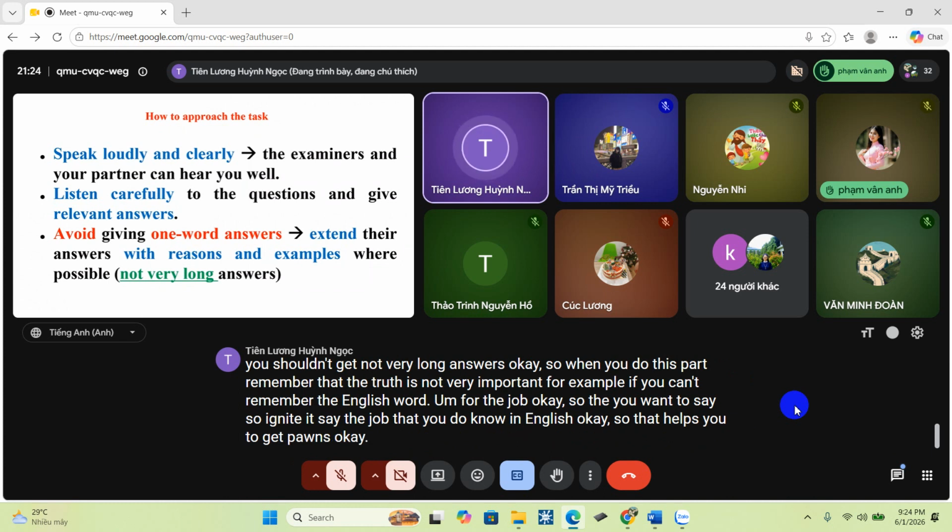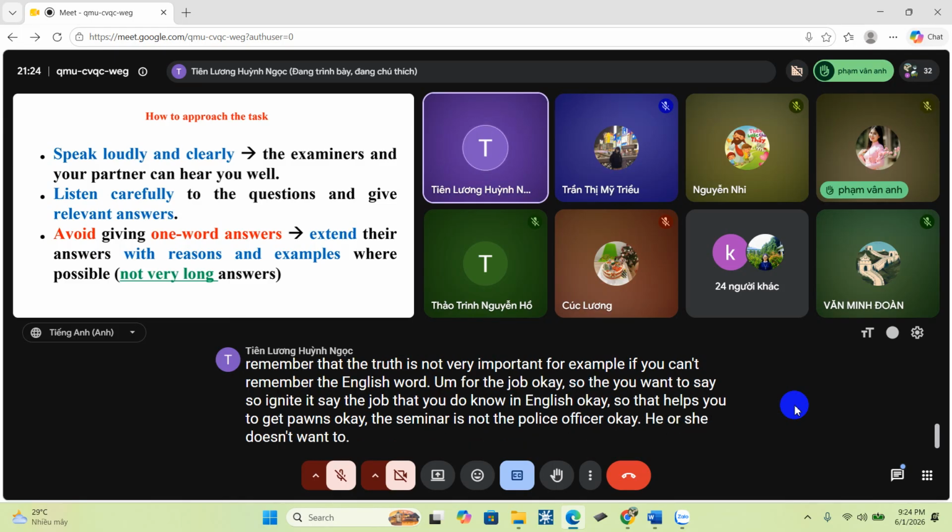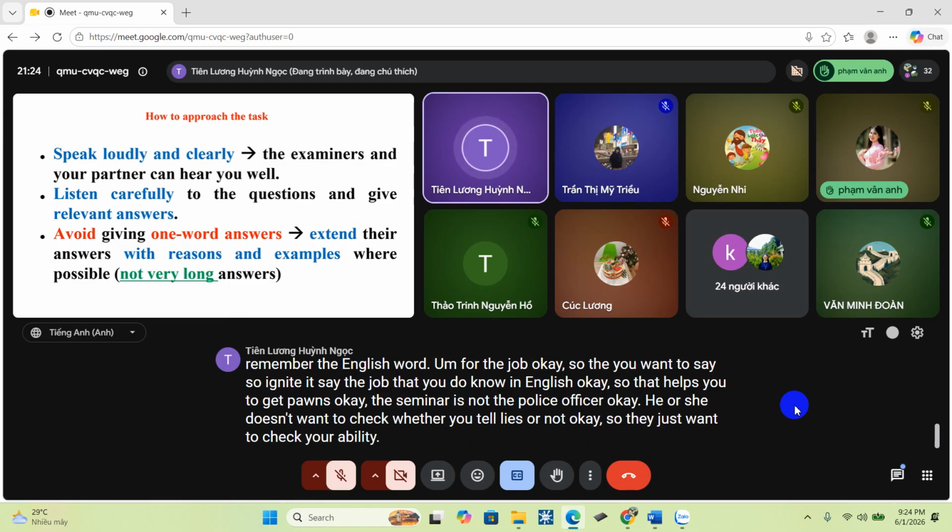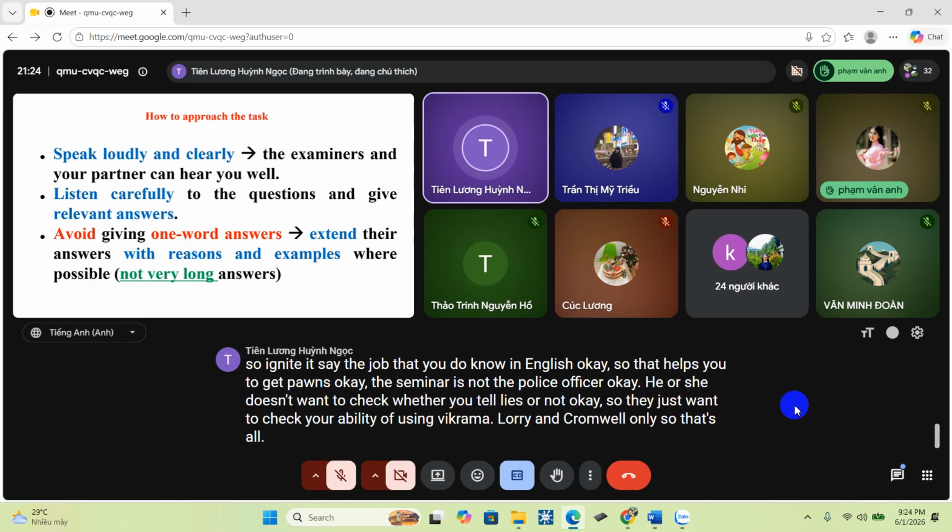The examiner is not a police officer. He or she doesn't want to check whether you tell lies or not. They just want to check your ability to use vocabulary and grammar only. So that's all I would like to instruct you about how to deal with Part One.